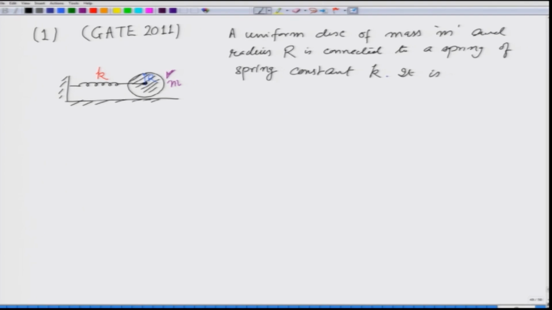It is performing simple harmonic motion while rolling without slipping.